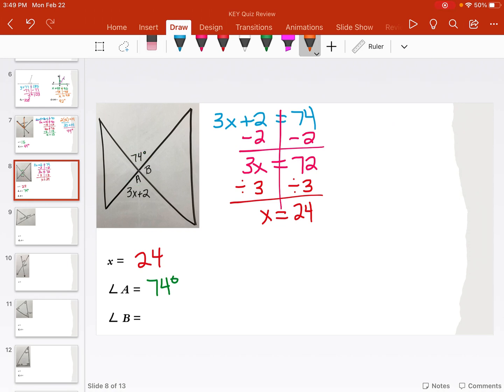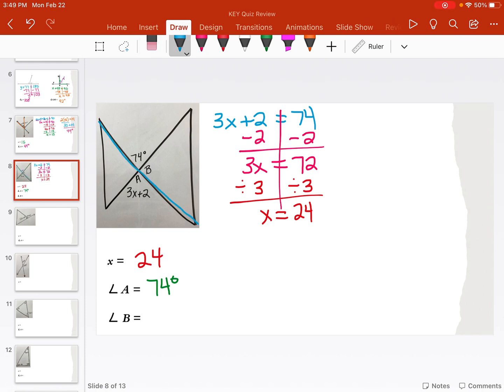The tricky one here, though, is actually finding angle B. You have to think a little bit differently. So here, this is making a straight line. These are supplementary. So I'm going to set it up. I'm not going to do 3x plus 2 plus angle B. I'm just going to use that 74. You could also look at it this way instead.